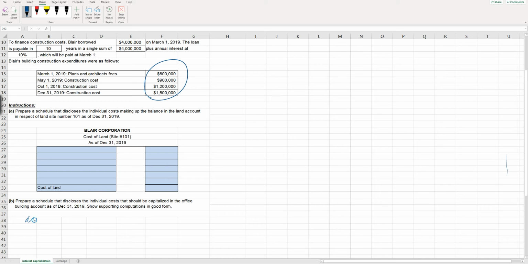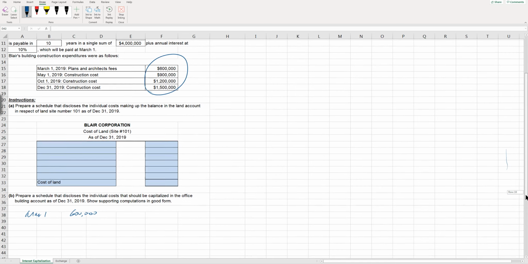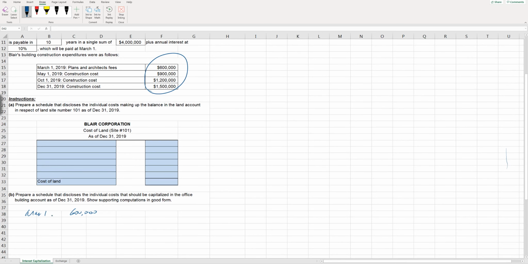So March the 1st, we spend $600,000. Okay. So we're going to calculate avoidable interest. How do we think about it? Spending money, how much interest could we save? In other words, now we spend $600,000 March 1st. How much interest will incur from this expenditure? Okay, so interest will incur from March the 1st to December 31st.